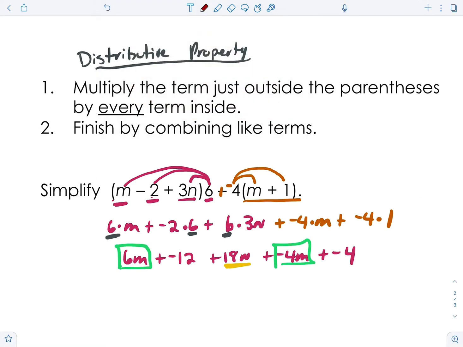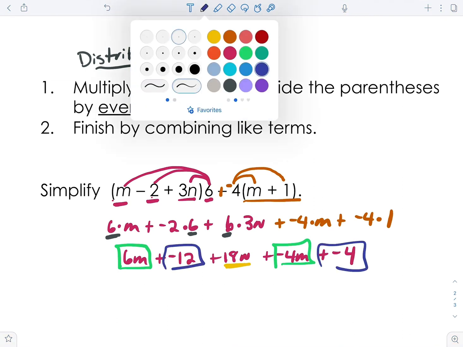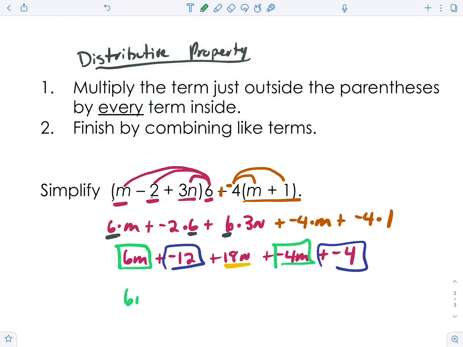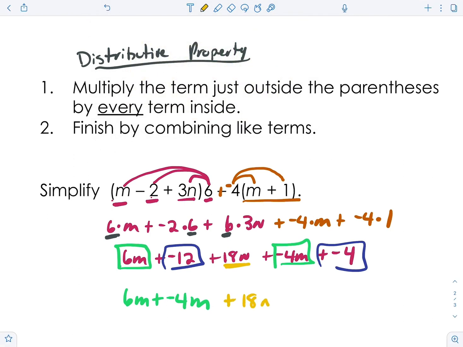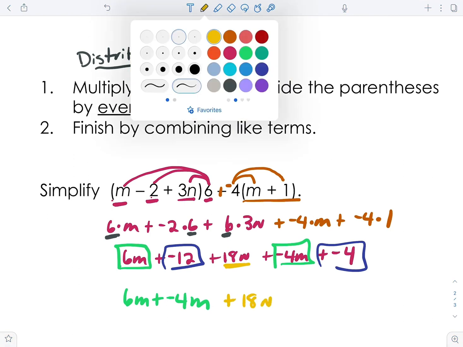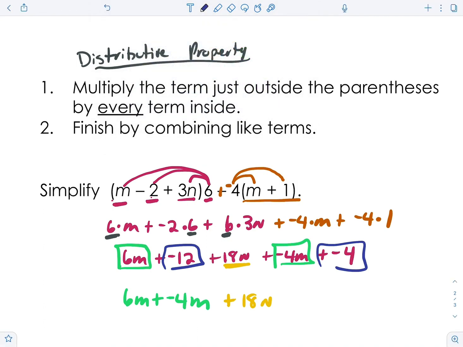That's our numbers. So that's 6m plus -4m plus 18n plus -12 plus -4. All right, we got our like terms here.